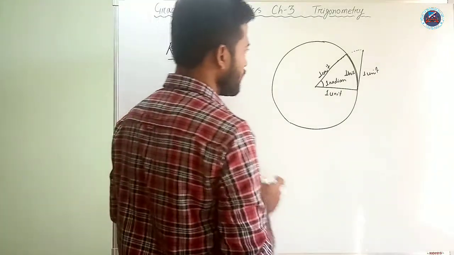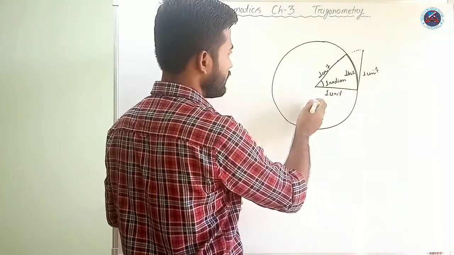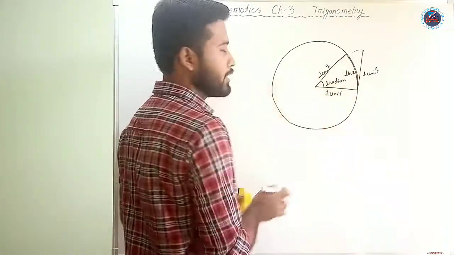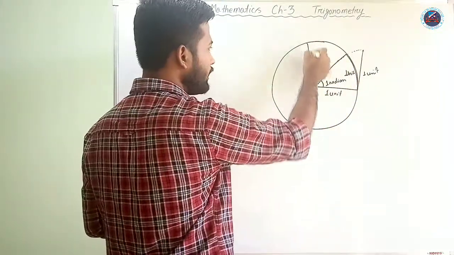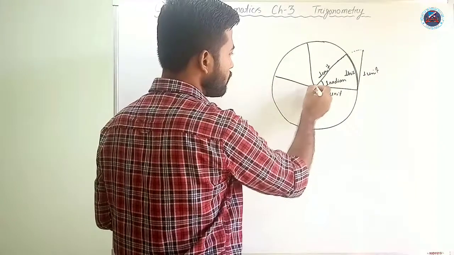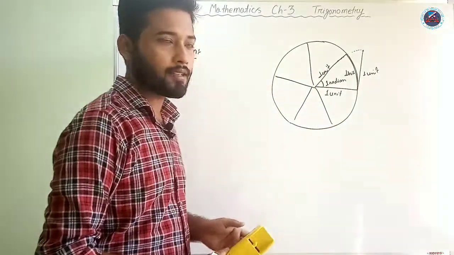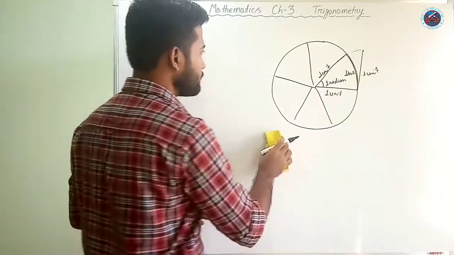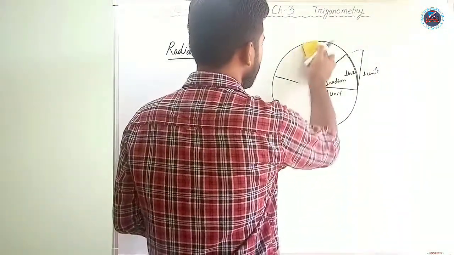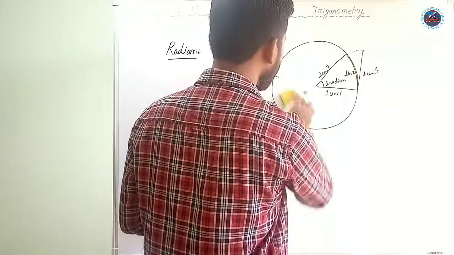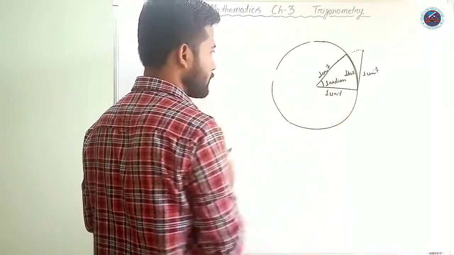Now one question you can ask: if this much angle is 1 radian, then how many radians will complete the whole circle? A question arises, so we shall see that. Okay, this is a figure I have drawn for 1 radian.